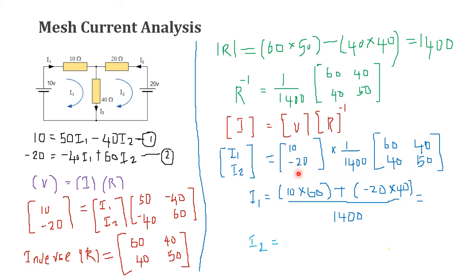So I2 is 10 into 40 plus minus 20 into 50, over 1400.